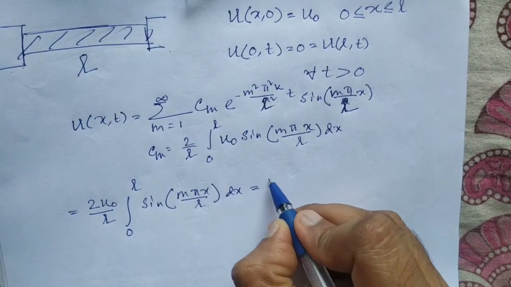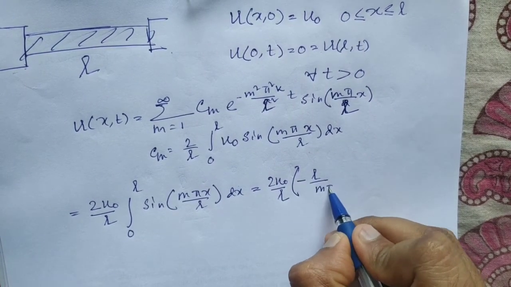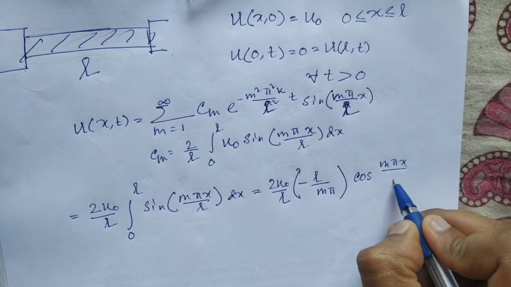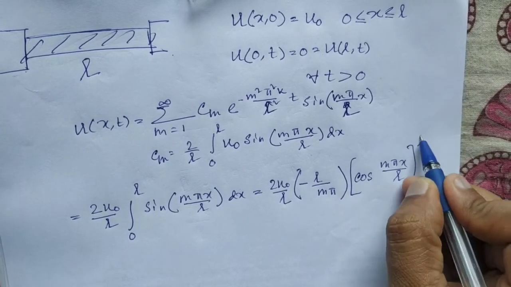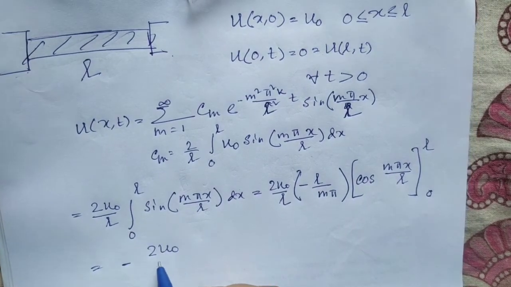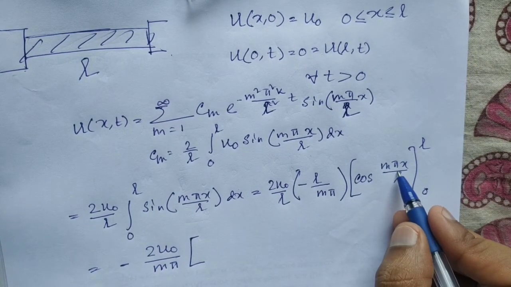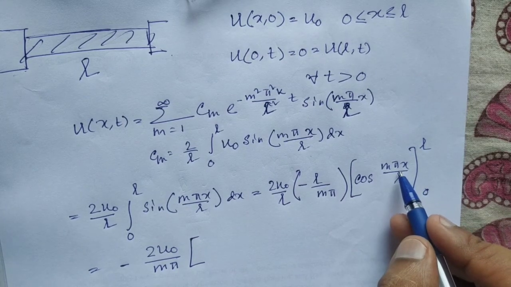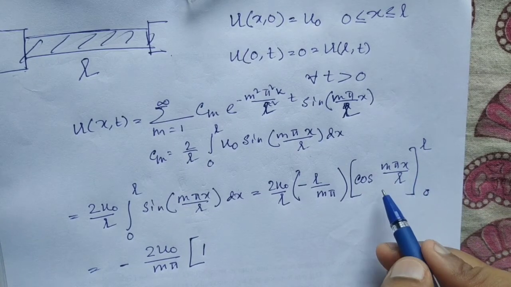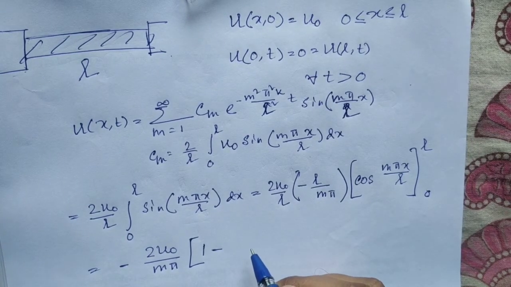So integrating, we have 2u0 by L multiplied with minus L by m pi cos m pi x over L with the limit 0 to L. Now from there we can see L cancels L, so 2u0 by m pi is there multiplied with, whenever this is L, so L by L, this is m pi, and 0 means cos of 0, so this turns out to be cos of 0 and cos of m pi.